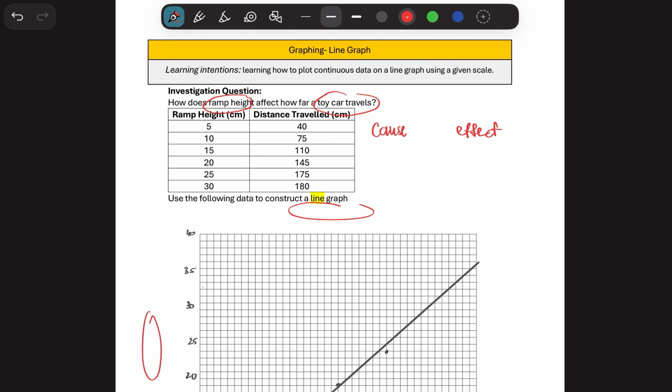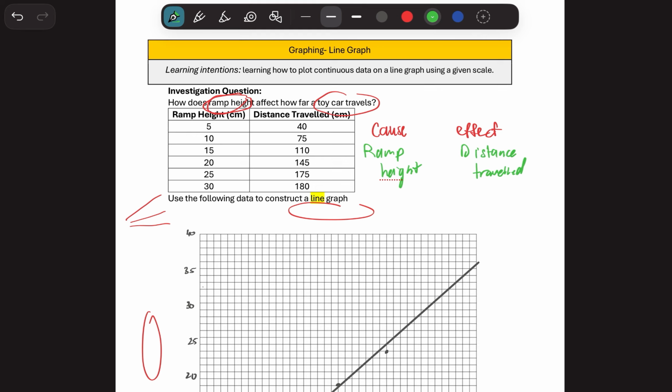Well, my cause is obviously the ramp height, because I'm going to get a ramp and keep putting a low ramp, and also a low ramp and a flat ramp, whatever it is. I'm changing my ramp height. So my cause is my ramp height. My effect is obviously going to be the distance traveled, because maybe I'll have a low ramp and it will travel a less distance than a very high ramp, right?